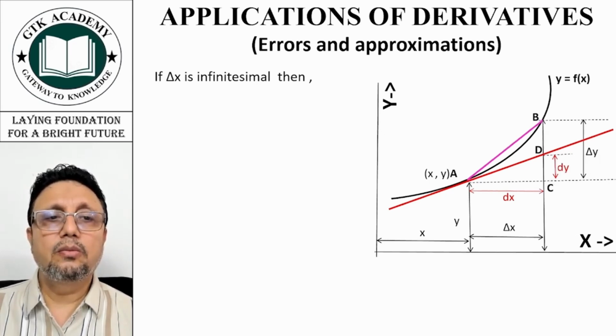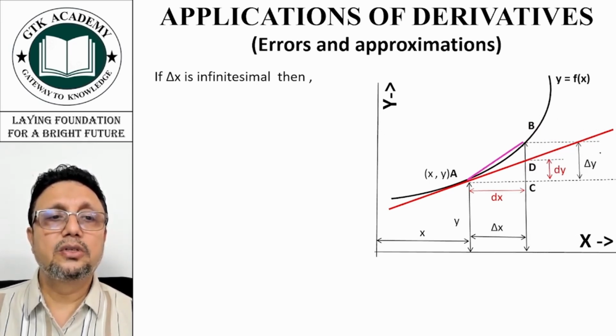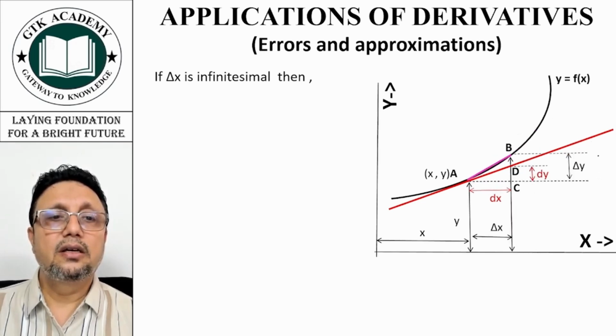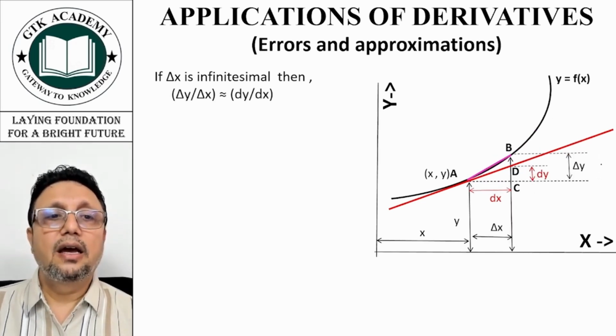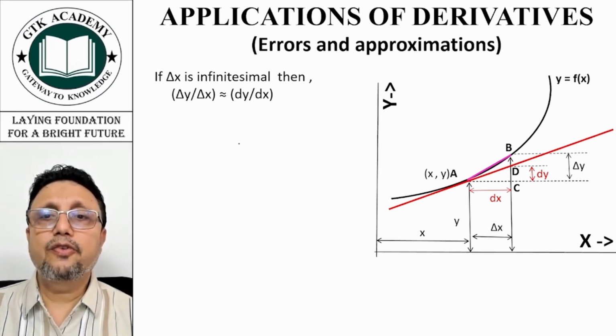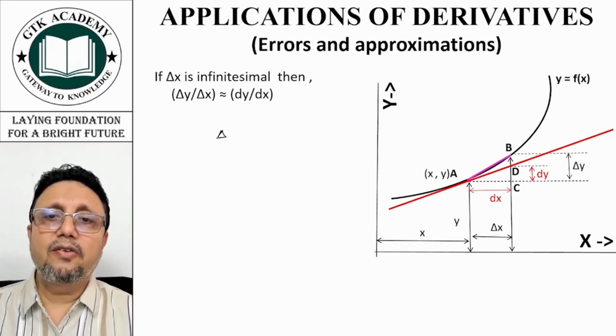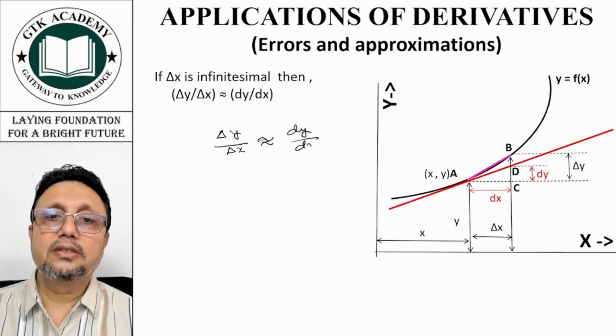Suppose you break it closer. What happens? The difference has reduced. The difference starts reducing. And at this stage, when delta x is infinitesimal, delta y upon delta x will be nearly equal to dy upon dx.